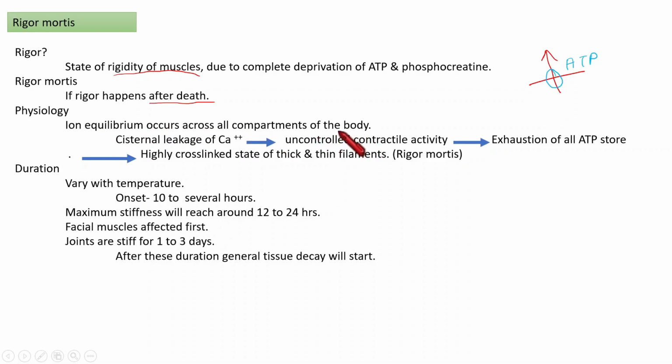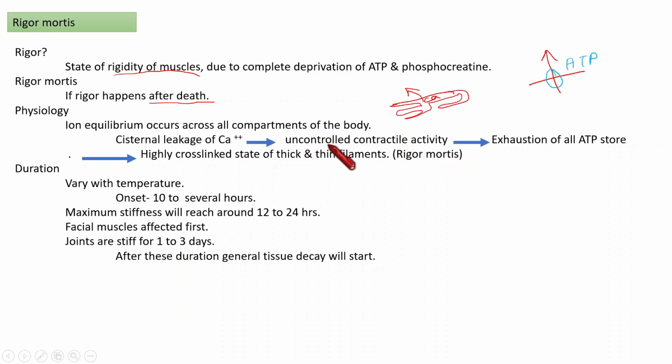And the same thing happens with respect to the sarcoplasmic reticulum. We know that the sarcoplasmic reticulum is the storehouse of calcium in the muscles, and the calcium stores leak out to come to equilibrium. As it leaks out, it can bind with the troponin and bring about uncontrolled contractile activity.